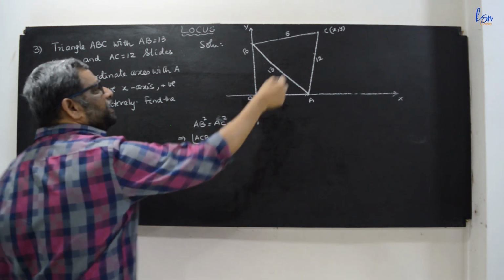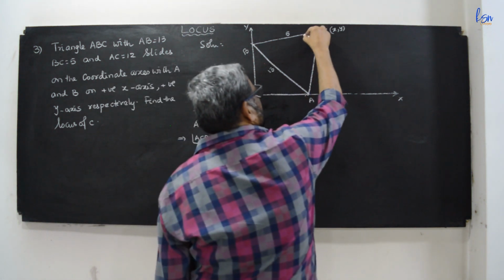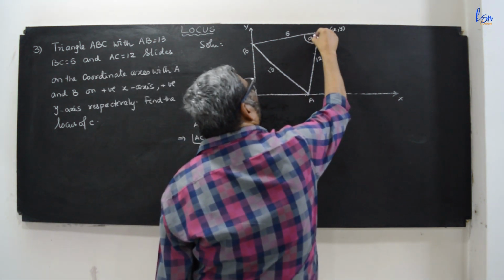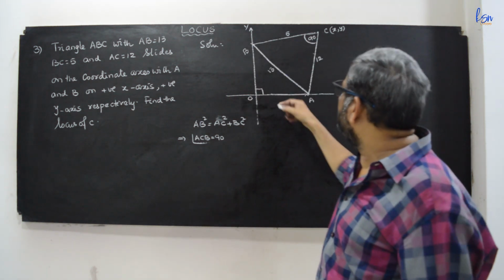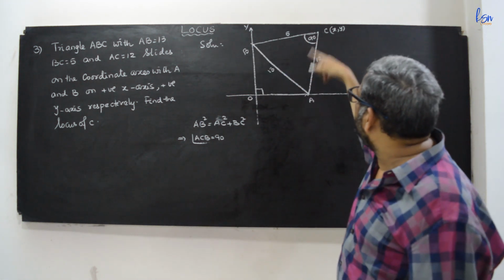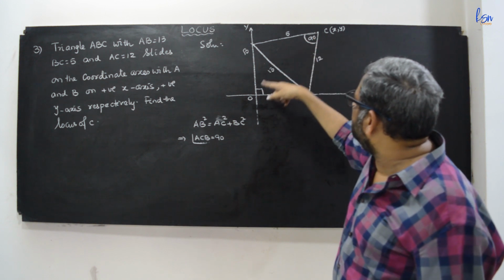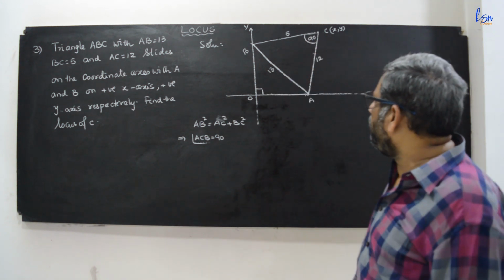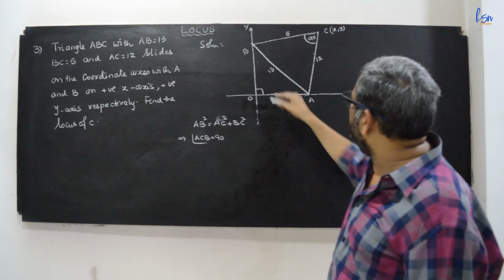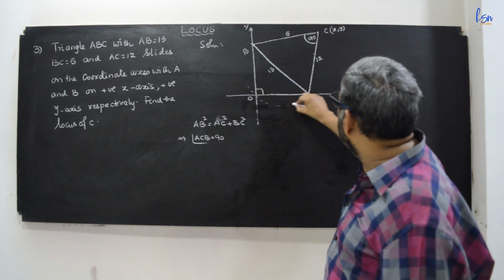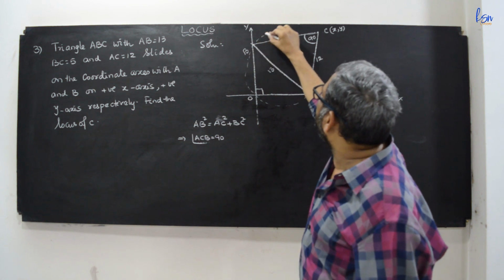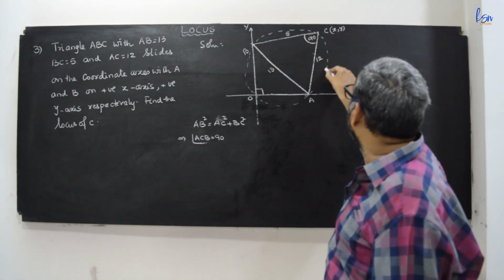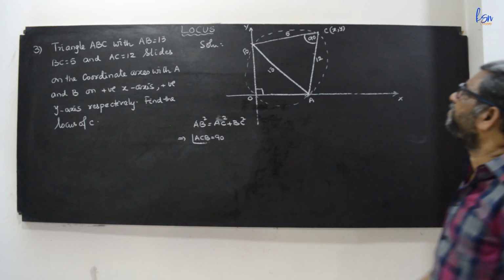Angle ACB equal to 90. This is 90. Now, this is also of course 90. So in this quadrilateral, the sum of the opposite angles is 180. It's a cyclic quadrilateral. You can construct a circle like this. So this particular quadrilateral is inscribed in a circle.